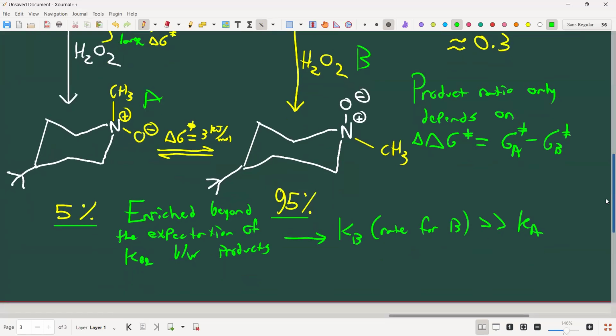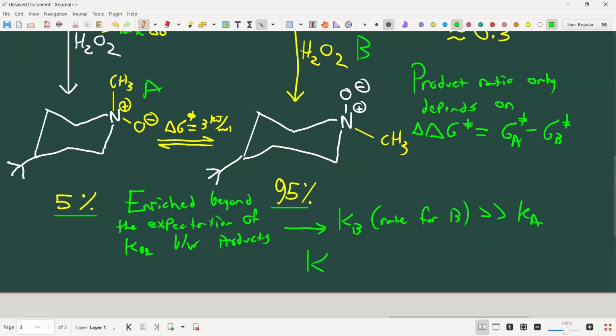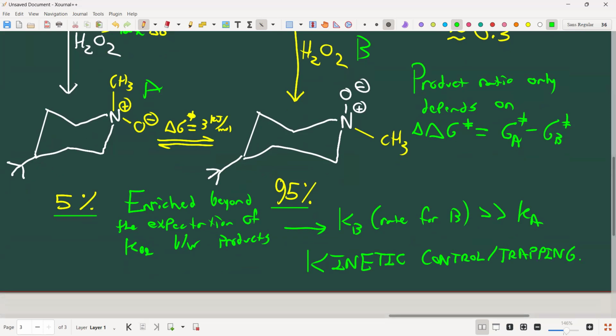And so what this is called is kinetic control or trapping, which is where you can trap and enrich a material way beyond your expectations from equilibrium, because you've arrived at those products with a rate of some pathway whose rate in competition is much, much faster than the other pathways.